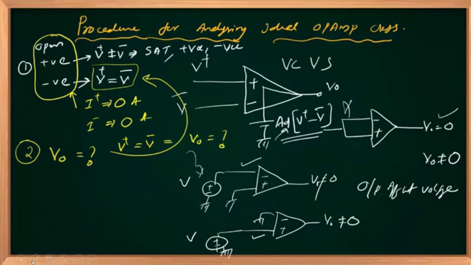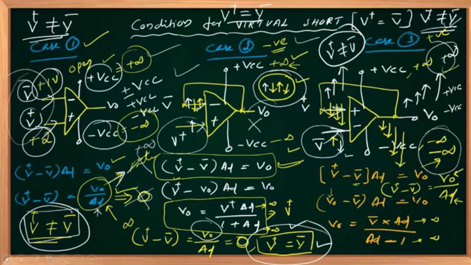Properties and condition for virtual short. I will explain why it is called virtual. The heading of the last slide was condition for virtual short. Why is it virtual short? Why is it not actually short? We will discuss later on.